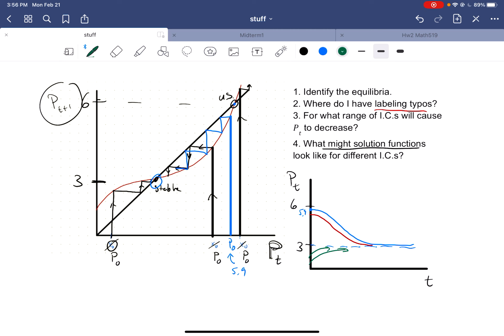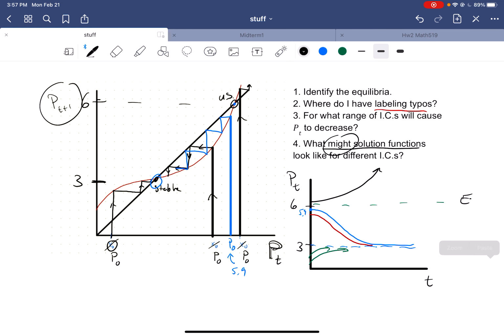And if I start above 6, something like this over here, that's what we saw with this flow, then I just shoot away. So here's a 6 for reference. Maybe I start very close to 6, but a little above, and I'll just shoot up and away. So this is what solution functions might look like.